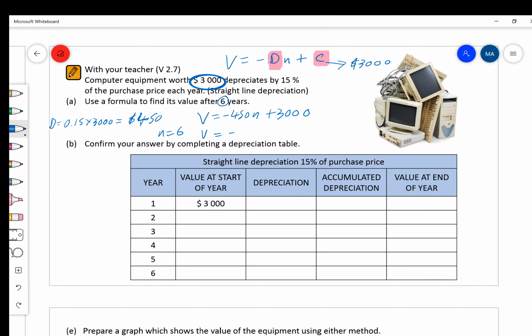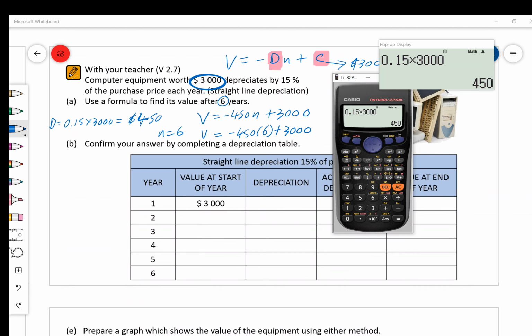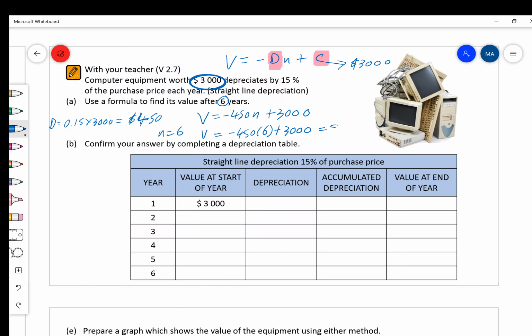The value equals negative 450 times 6 plus 3,000. Working that out on the calculator, it's worth $300 after 6 years. So there is the answer to A.